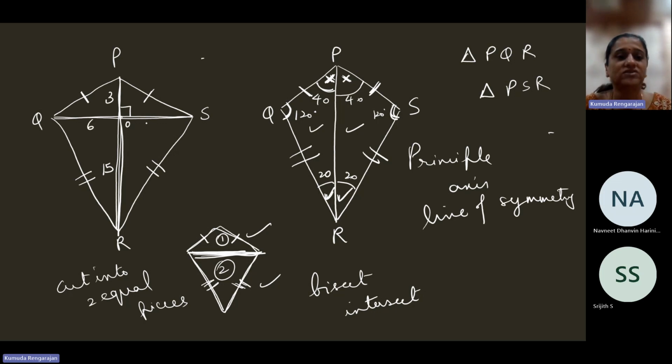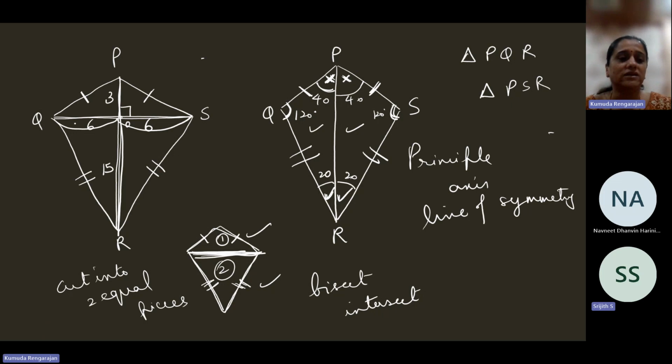It will be 6 here and 6 here. That is, QO is 6, OS is 6, because it's cut into two equal pieces. So QO and OS will be equal. QO will be equal to SO, because the shorter diagonal is cut into two equal halves by the longer diagonal.